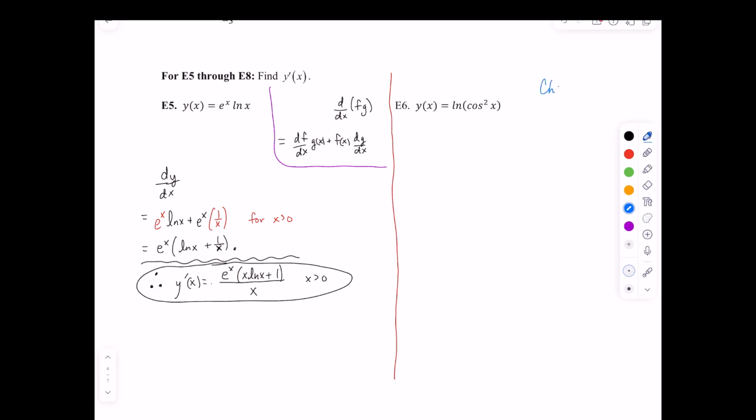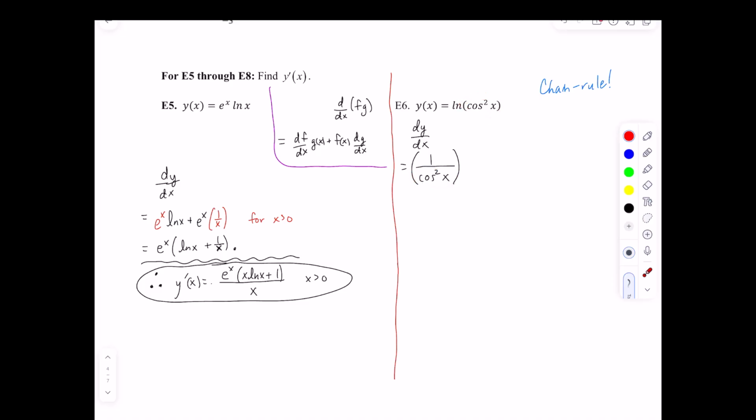This particular example, you got to recognize to make use of the chain rule. We'll begin with Leibniz notation. So remember, the chain rule says you take the derivative of the outside function evaluated at the inside function.